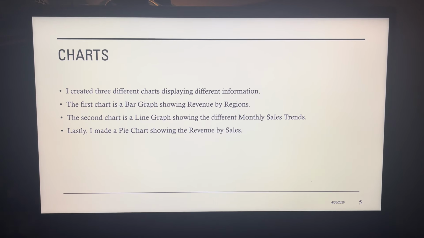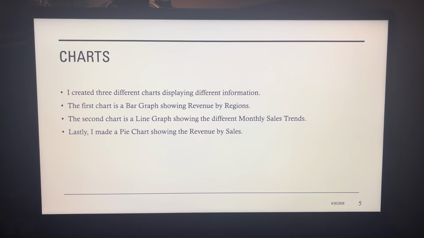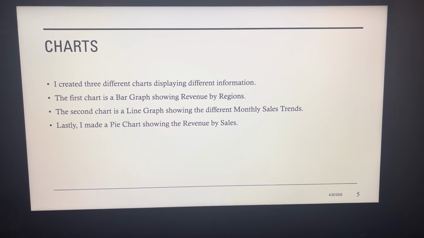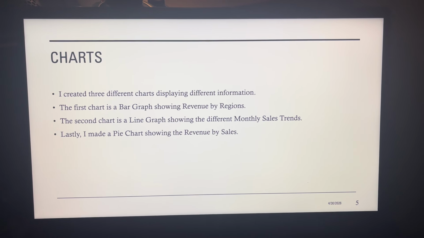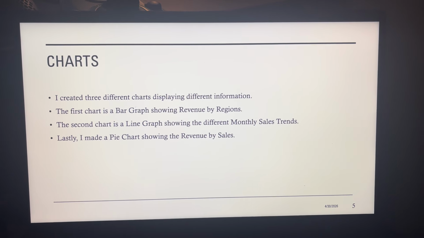I used 3 different charts: a bar graph, a line graph, and a pie chart. The bar graph showed the revenue by the regions, showing north, east, south, and west, how much money was made in those regions, and which one was the dominant region. The second one was a line graph showing the monthly sales trends.